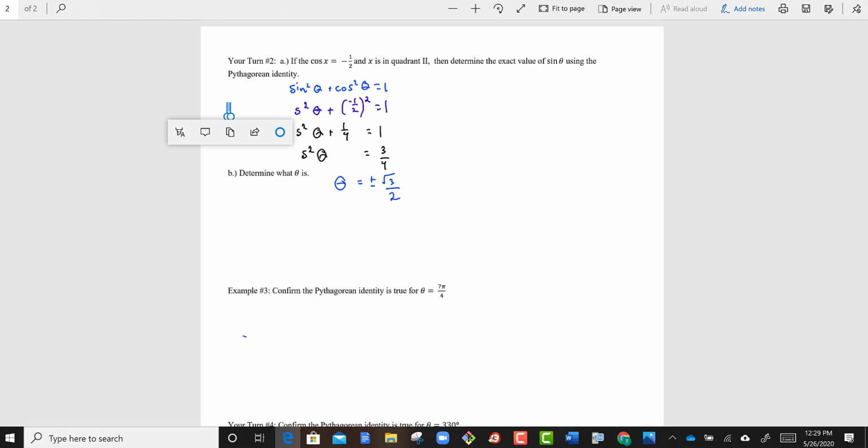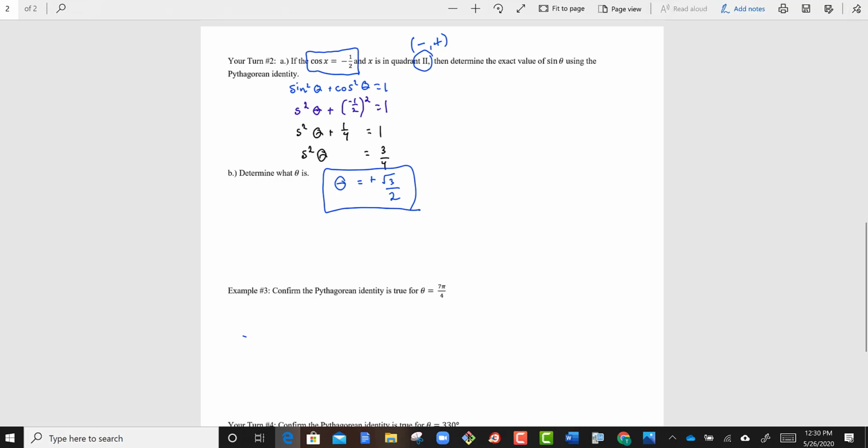The only difference is, what quadrant are we in? We are in quadrant 2 this time. In quadrant 2, the x is negative, which is shown right here. Cosine is x, but the y, or sine, has to be positive. So that means we don't want the negative answer. We only want the positive answer for this problem. So it's positive radical 3/2.